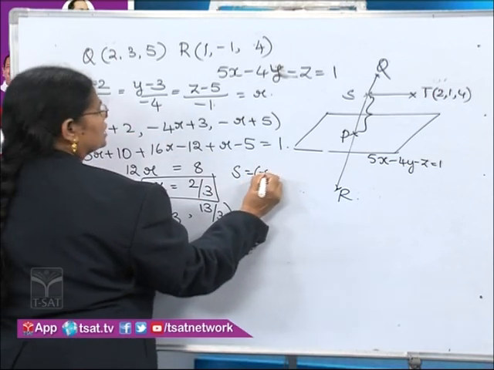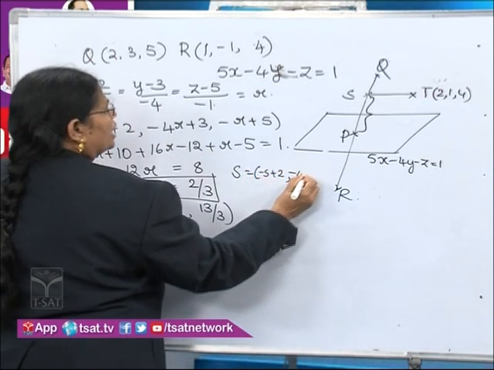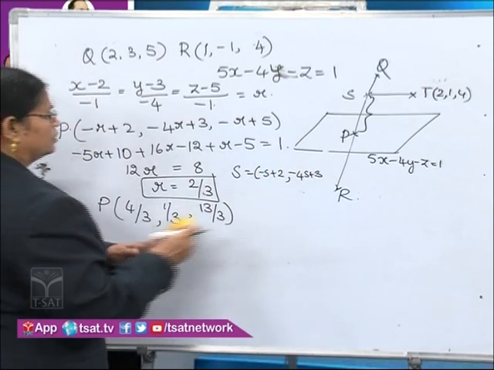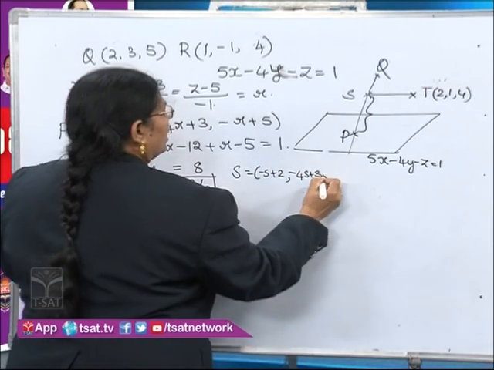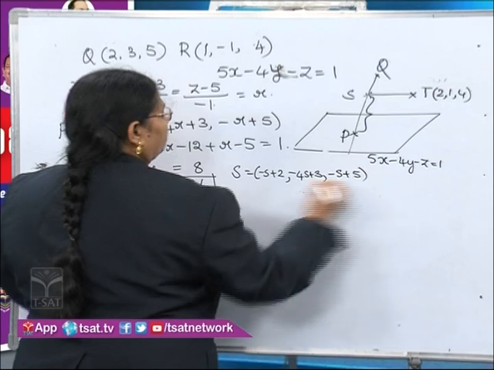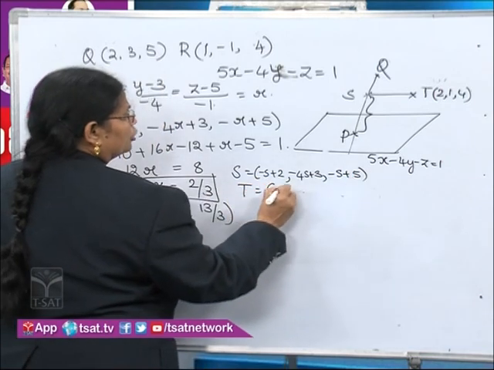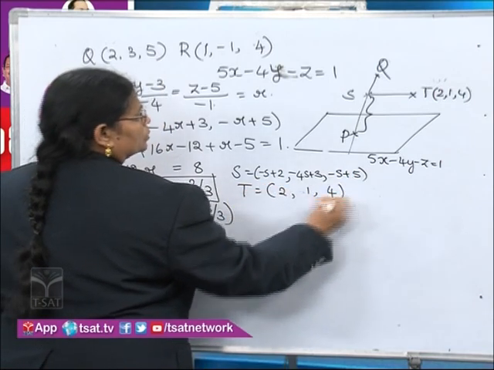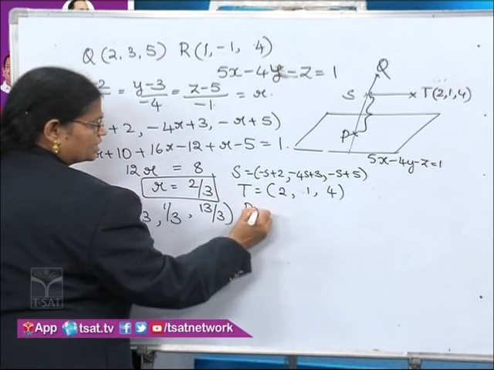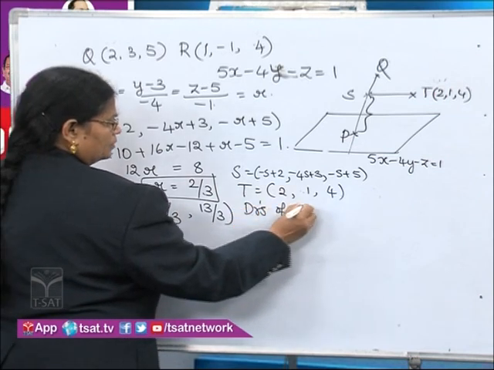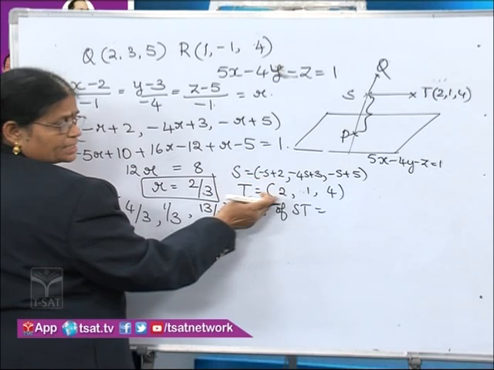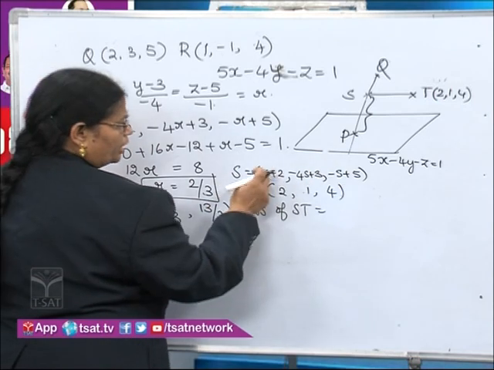So the S point again will be same as P, written with S. So it is minus S plus 2, minus 4S plus 3 and minus S plus 5. T point is (2, 1, 4). So what are the DRs of ST? x2 minus x1, y2 minus y1, z2 minus z1.